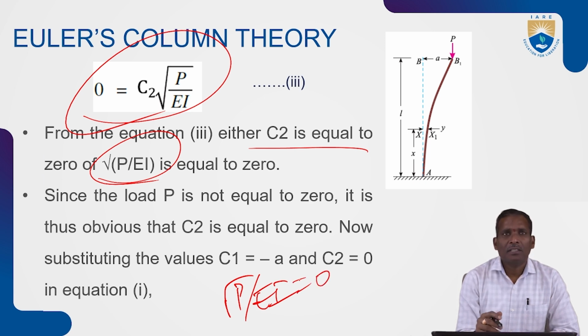Since the load P is not equal to 0, it is obvious that C2 is equal to 0.